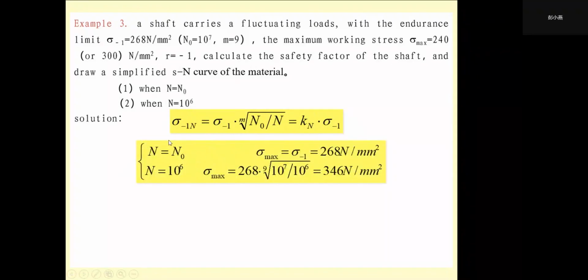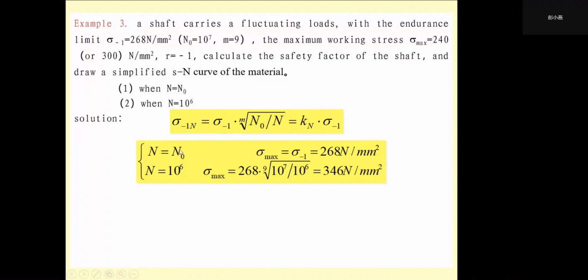So we load sigma -1 as 268, m is 9, and N0 is the 7th power of 10, and then we can calculate the sigma -1N.